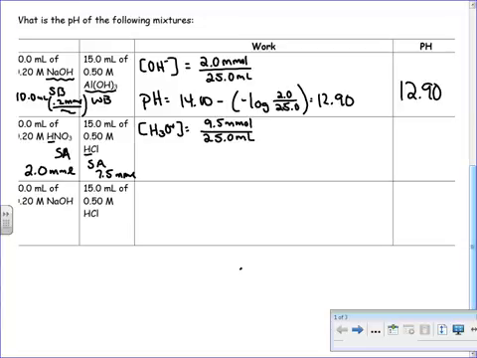And then we can get pH is equal to the opposite of the logarithm of hydronium concentration, which is 9.5 over 25. We have a very acidic pH of 0.42. Two significant figures in the concentration, 2 decimal places in the pH.